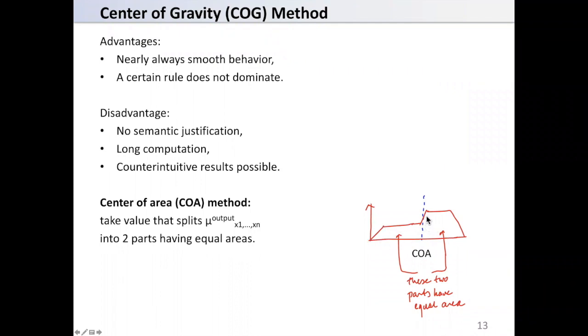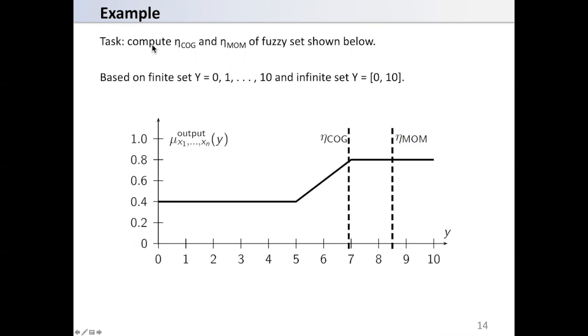So if this is the membership function for the output, calculated as a result of the rules, we are trying to find a point such that the area on the left and the area on the right are the same. It is required to compute the center of gravity and also the mean of maximum of the fuzzy sets shown below.